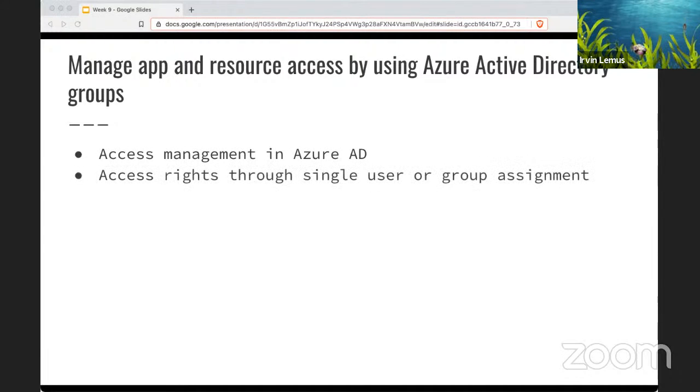So just like in regular Active Directory, you can say this specific user can open this file or this group of users, or you can make rule-based assignments for group memberships based on the user or device properties.